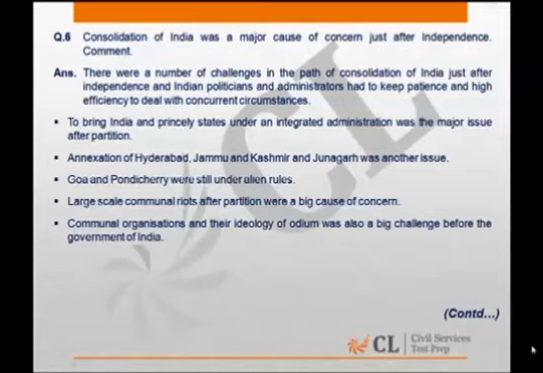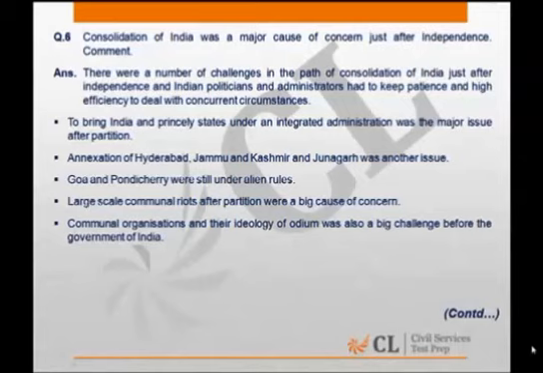The synopsis would be the problems of India just after independence. The greatest problem was the partition, and post partition the rehabilitation of refugees. Then it was the consensus with princely states and consolidation with them.